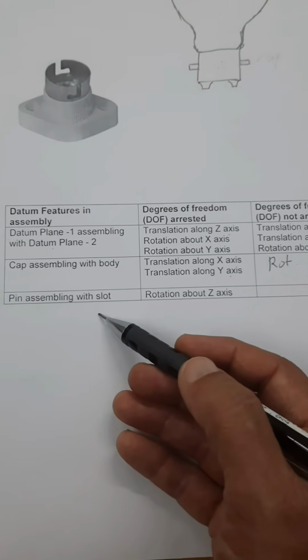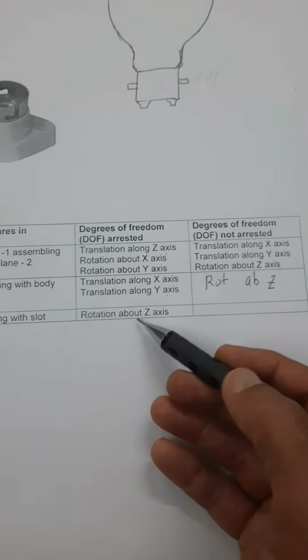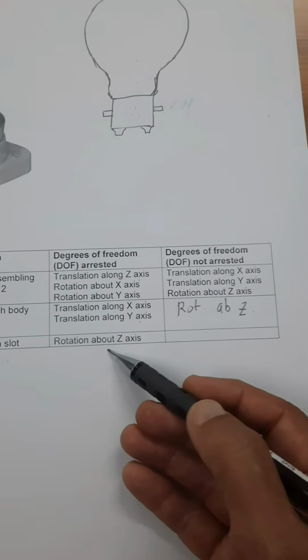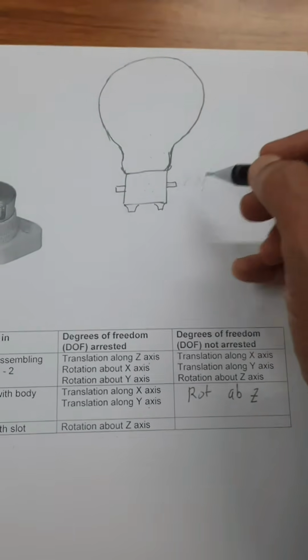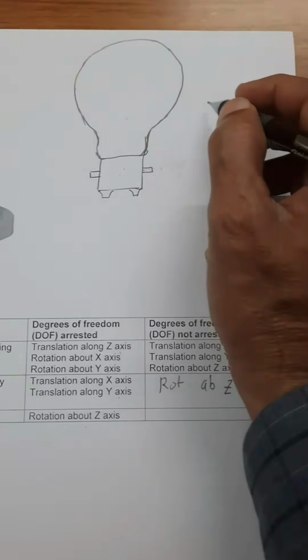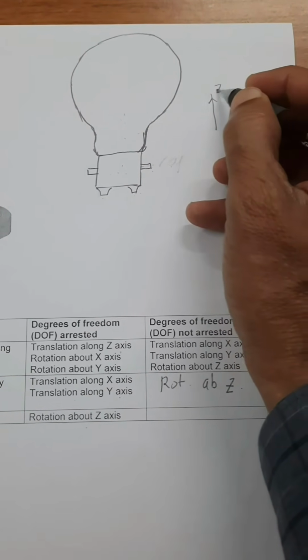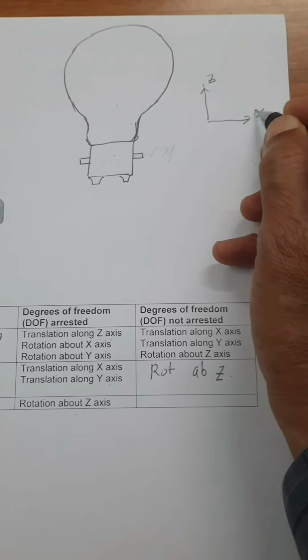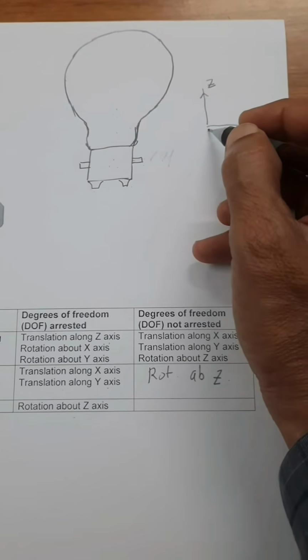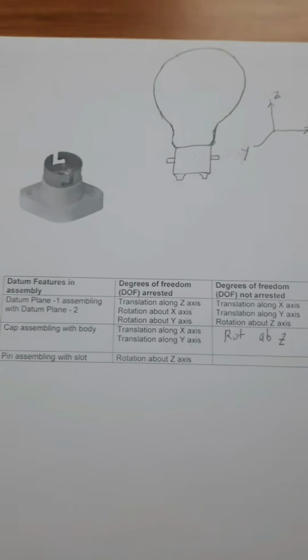So when the pin is assembling with the slot, the rotation about the z-axis is also getting arrested. So the z-axis here is the vertical axis. We can treat this as x-axis and this as y-axis.